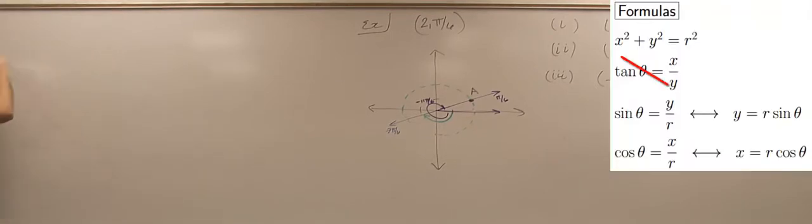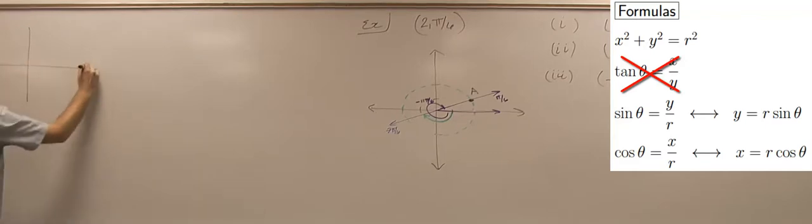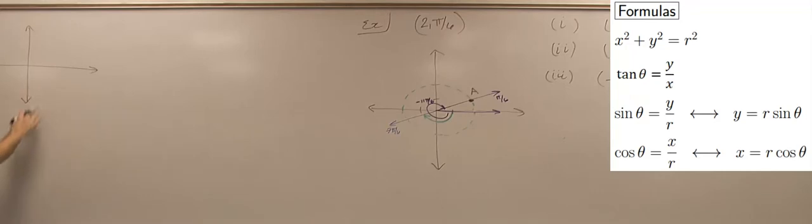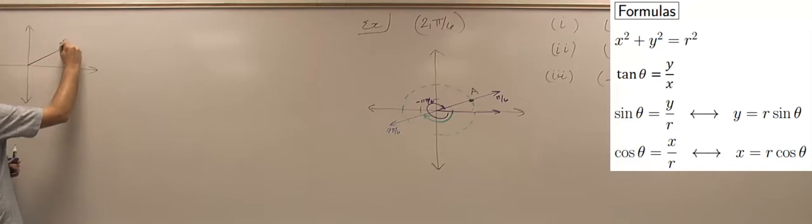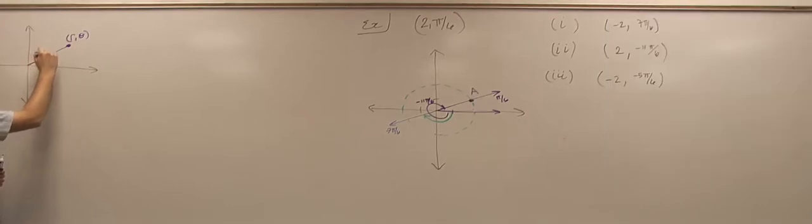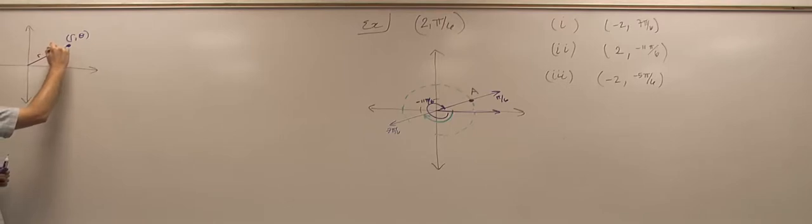So, let me talk about what these formulas mean here. Remember, what I'm trying to be able to do at this point is go between r theta coordinates and xy coordinates. So for example, if I give you an r theta, so basically I've given you this radius, so the radius is known, and also the angle is known.